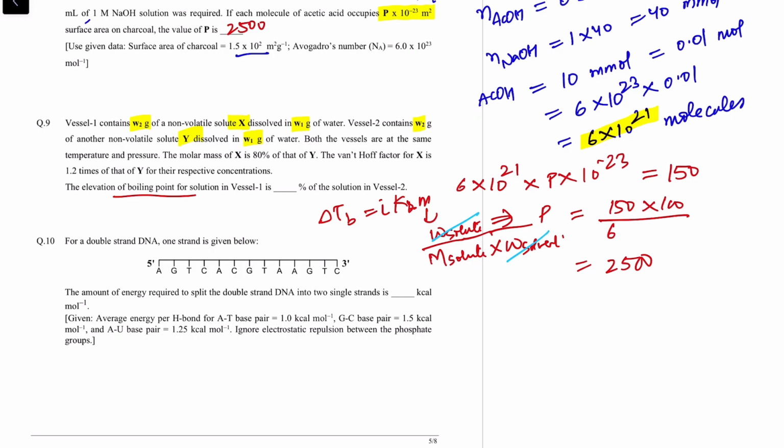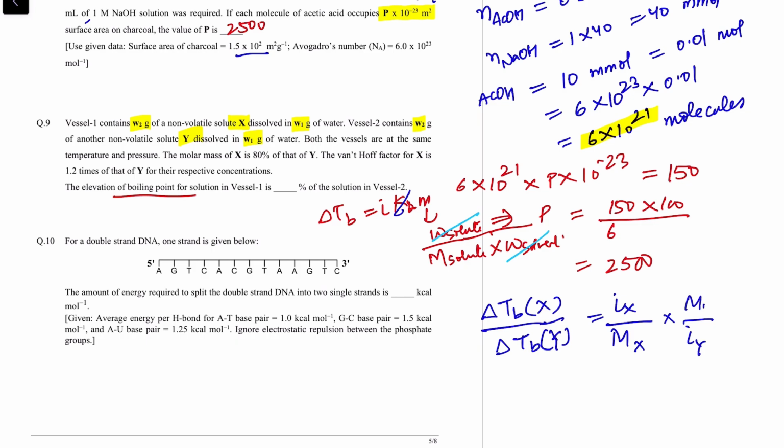So if we form the ratio, the only terms that remain: the elevation of boiling point of X divided by elevation of boiling point of Y would be i of X divided by the molar mass of X, Kb being cancelled, multiplied by i of Y multiplied by the molar mass of Y.